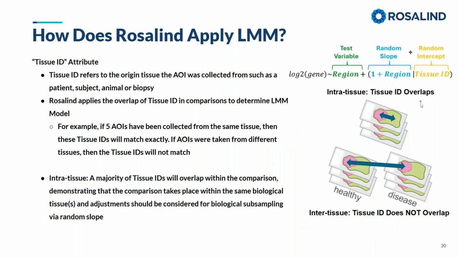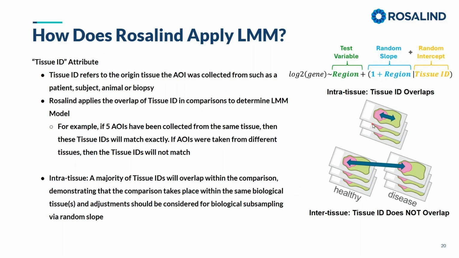The second example that can happen is a comparison set up within the same tissues. So you can again have multiple tissues across multiple slides, but what we would see is that a majority of those tissue IDs will overlap in this comparison that's set up.